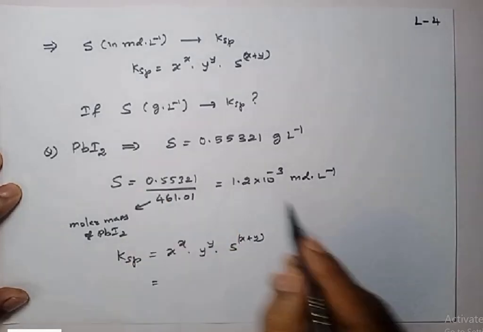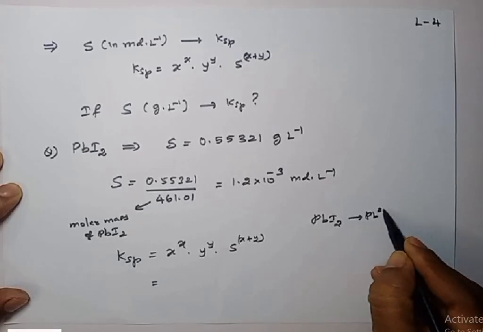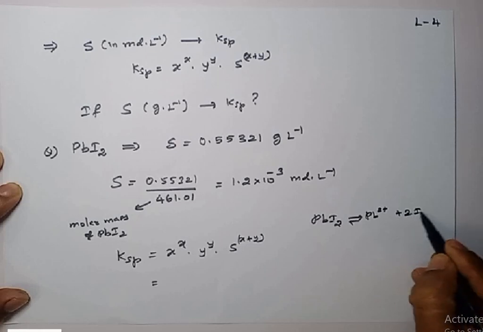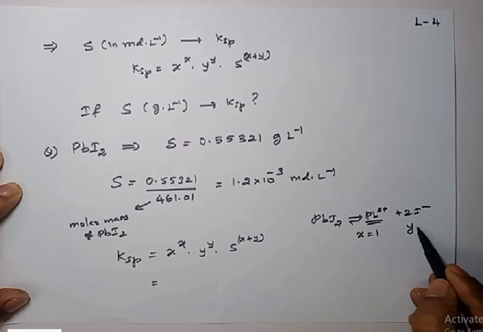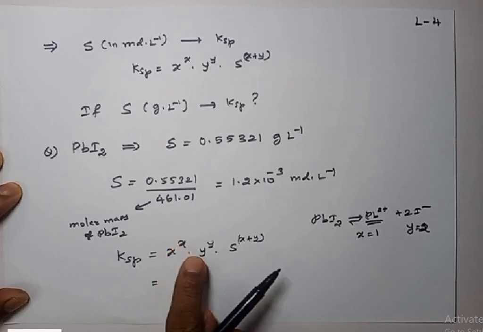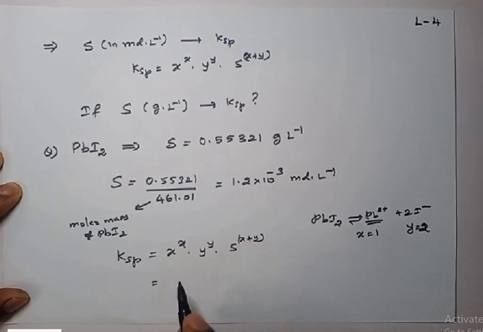Lead iodide will give 1 Pb2 plus ion on ionization and 2 iodide ions. So the cation is 1, x equal to 1, and anions are 2, so y is equal to 2. Therefore, using this formula, 1 power 1, 2 power 2 is 4, and s power 1 plus 2 is 3. So the answer is 4 into s power 3. This is the relation between solubility product and solubility.